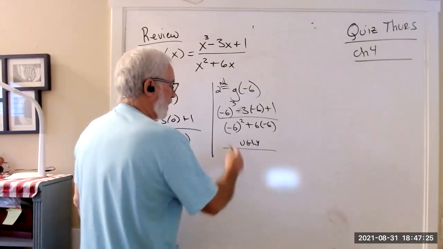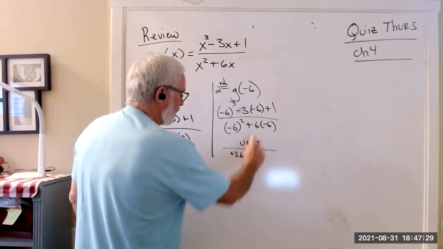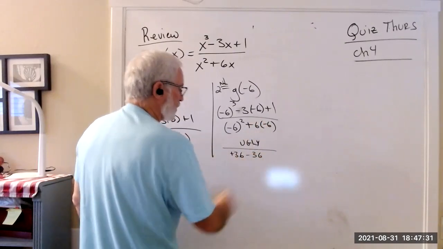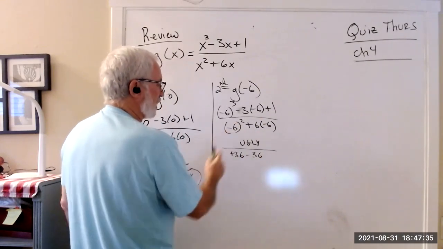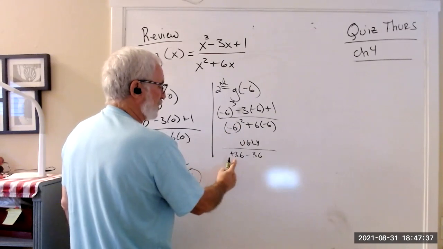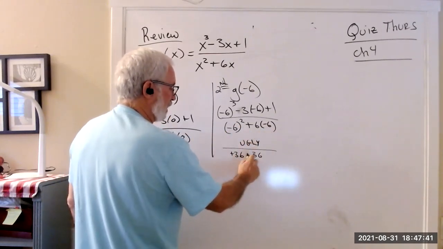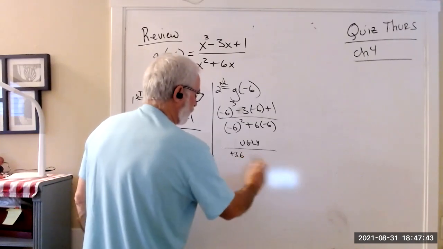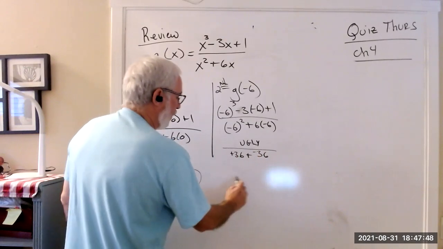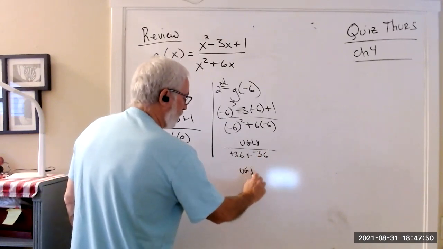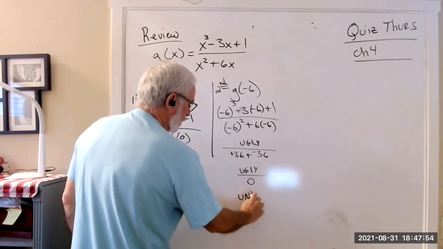Doesn't matter to me, because the bottom is positive 36 minus 36. Negative 6 to the second power is positive 36. 6 times negative 6 is negative 36. And if you wanted to say plus a negative 36, that's good enough. But whatever it is, we've got ugly divided by 0. So once again, it is undefined.